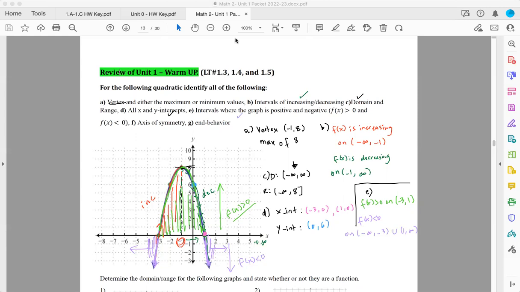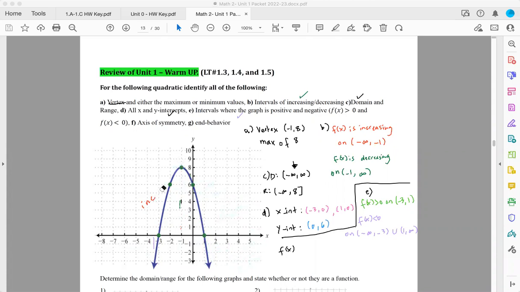F, we have axes of symmetry. Now, the axis of symmetry does not always exist, but in a quadratic, normally, if you see a virtual line, remember the axis of symmetry is a virtual line. It's not an actual line. If you see a virtual line, or if you can create a virtual line that can cross or split this graph, let me erase everything here, split this graph into two equal parts in size and shape, or mirror images, basically.